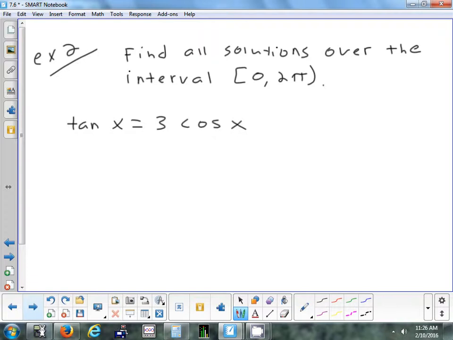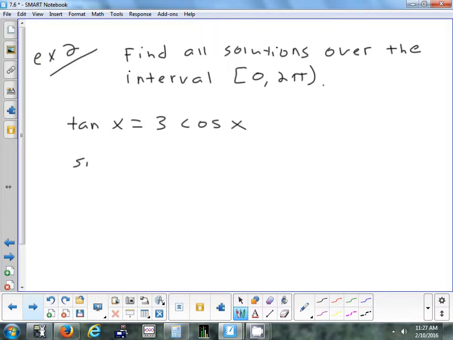Okay, find all solutions between 0 and 2 pi. Any thoughts what I should do first here? You probably want to turn tangent into sine over cosine. Yep.